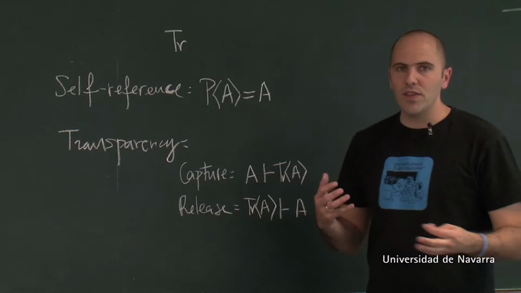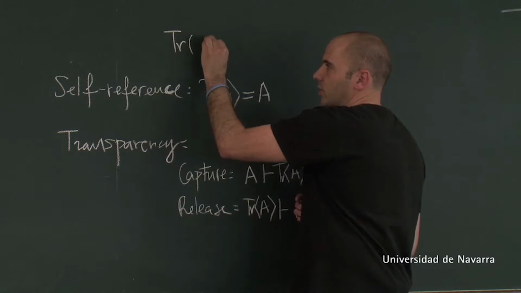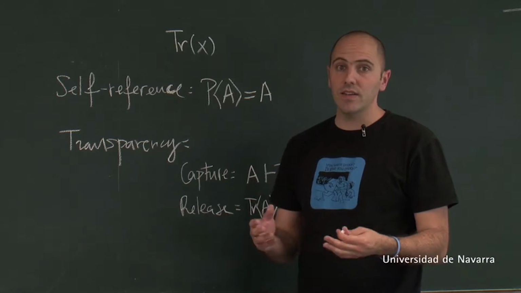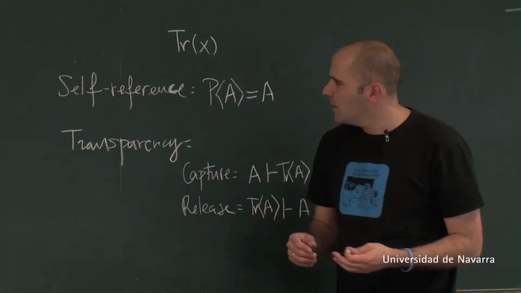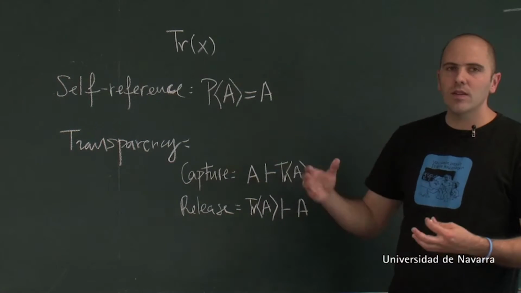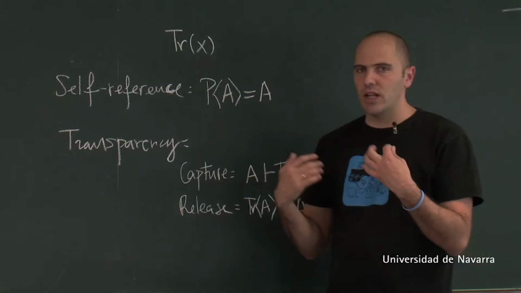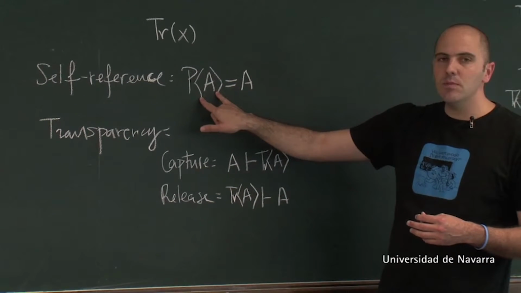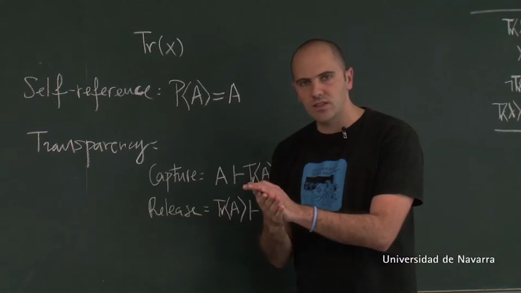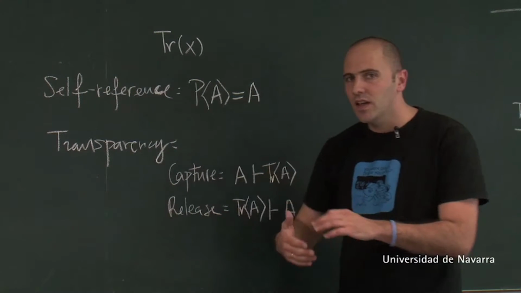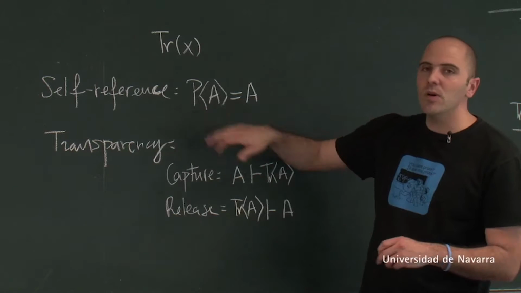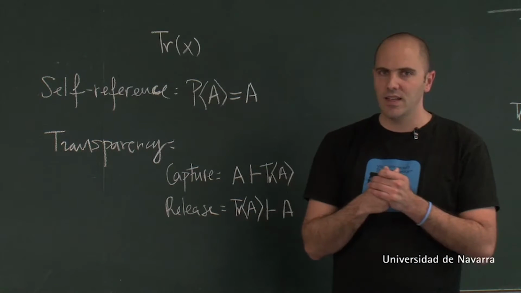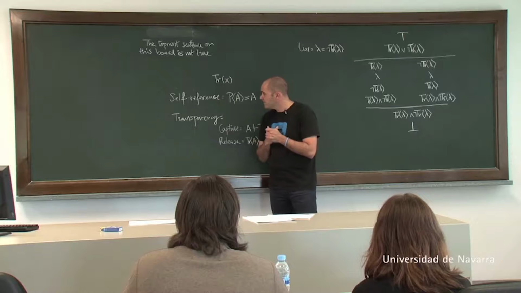We need to have a predicate that is true of some items, most likely sentences, right? And we need what is sometimes called diagonal formation. We need self-reference. So we need names for the sentences of the language, and we need to be able to say that some sentences have this property, some sentences have this other property.